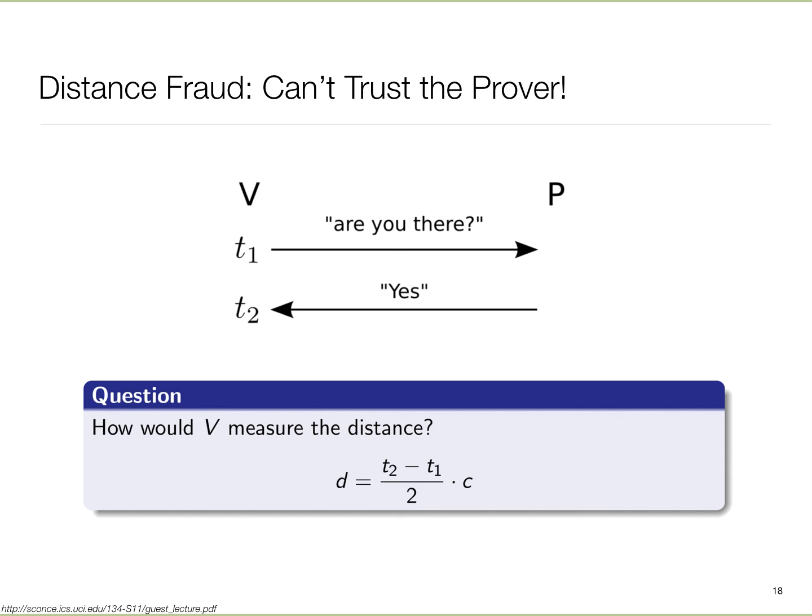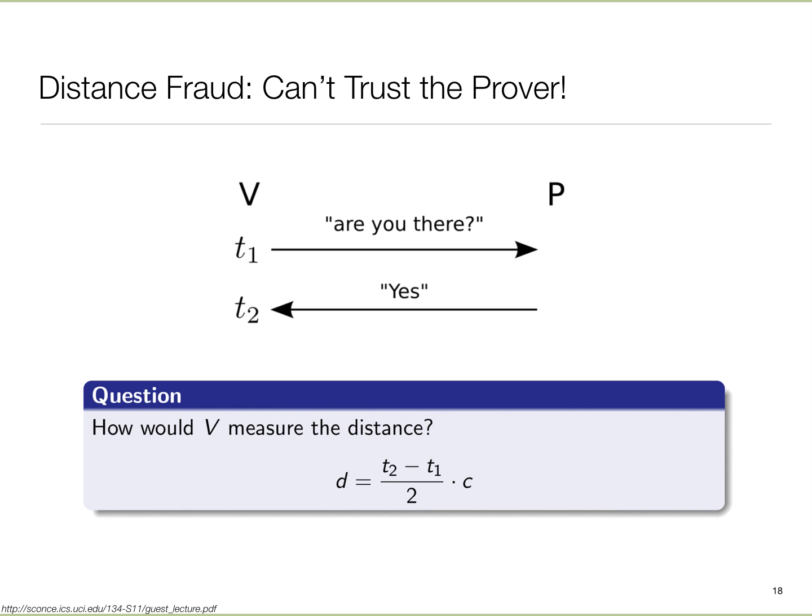One type of problem is what's called distance fraud. We can't trust the prover itself, right? So we can't simply say the verifier says at T1, are you there? And the prover says yes, at T2, because the prover may be lying.